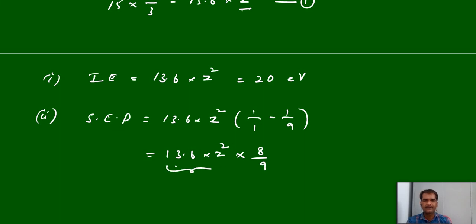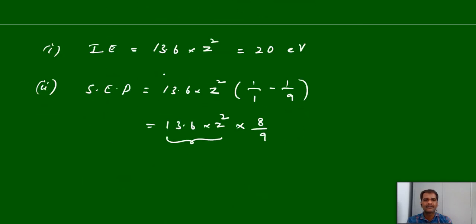And 13.6 into Z square, from the given information, is 20. So we can write this as 20 into 8 by 9, 160 by 9. How much do we get approximately? This is 17.7. They are asking potential, so 17.7 volt. This is the second excitation potential.